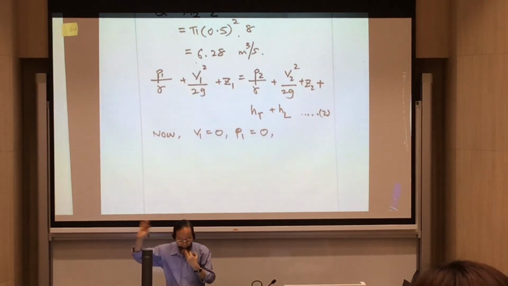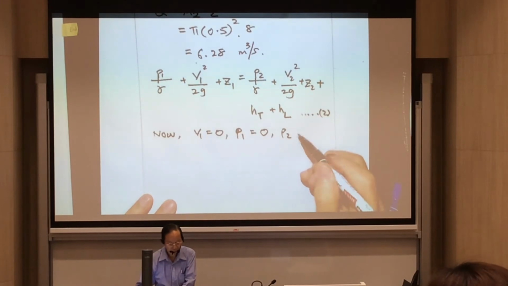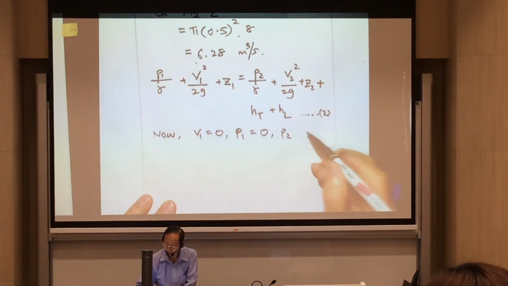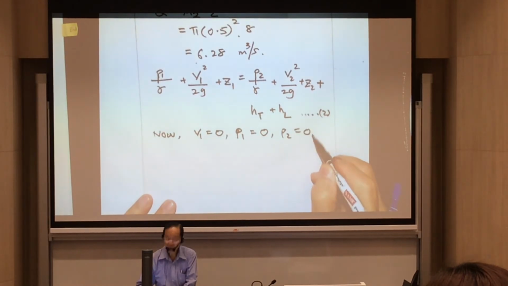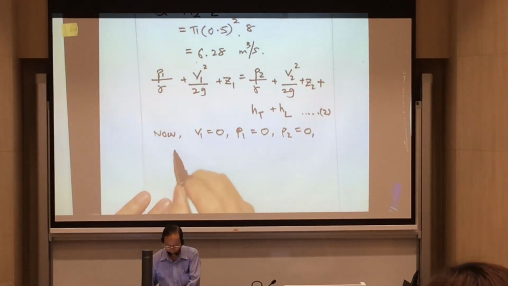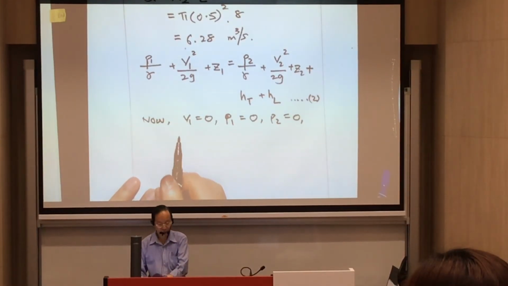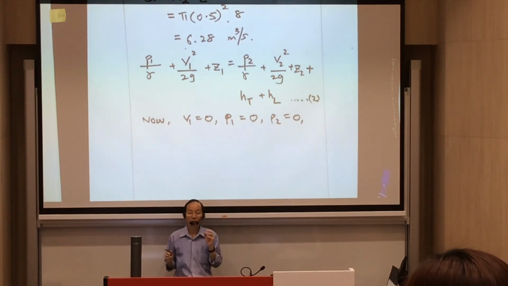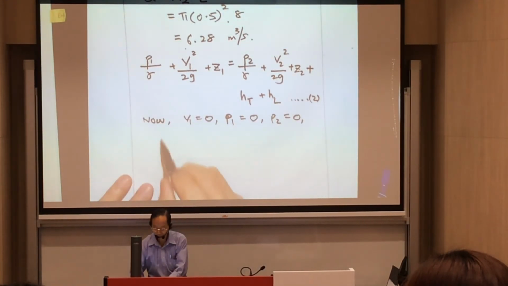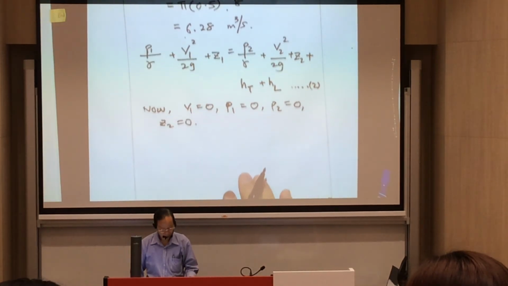Okay, on the right side, P2 is equal to gauge pressure 0. What else? Z2. Where is Z2? The distance of point 2 from that reference line is 0. So we have simplified equation 2.